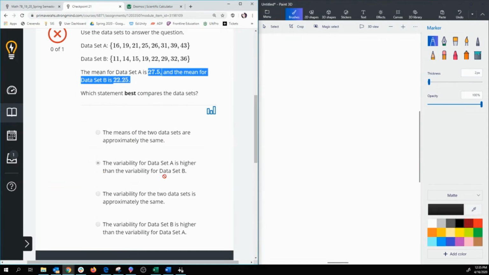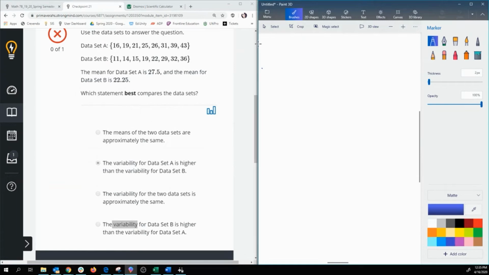All of these next ones are talking about variability. And remember, anytime you're talking about variability, you need to look at the mean absolute deviations, which means that we need to figure out what the mean absolute deviation is for both of these data sets. So the good news is that we already have our means, right? So for data set A, our mean is 27.5.